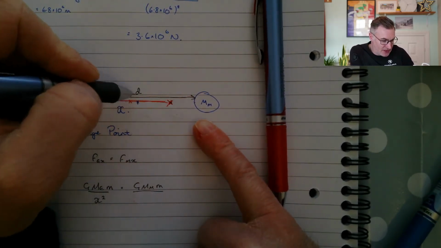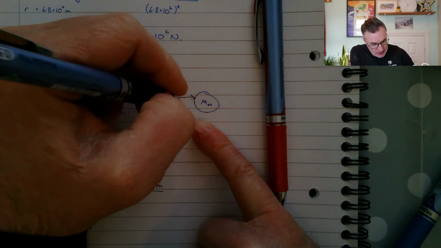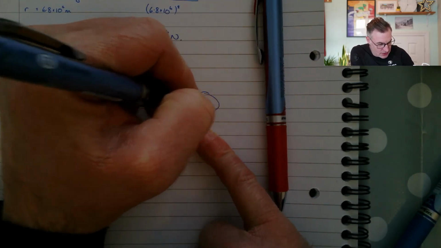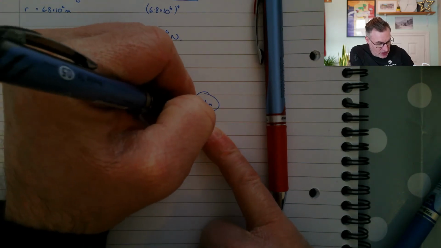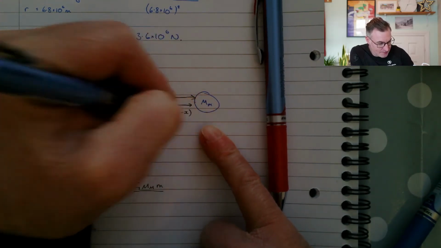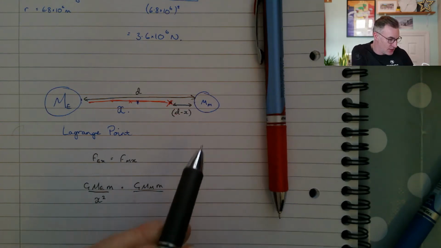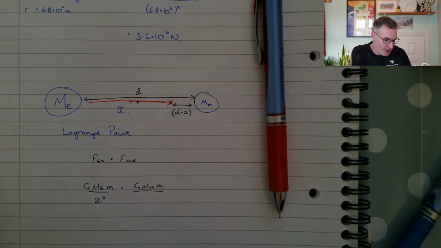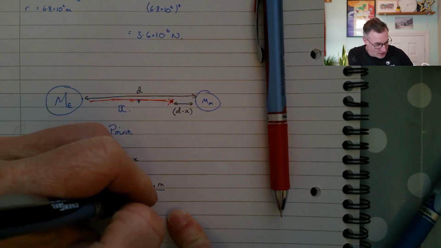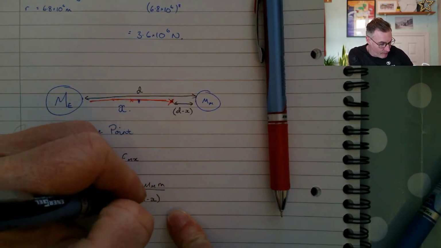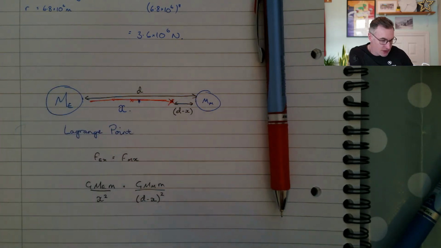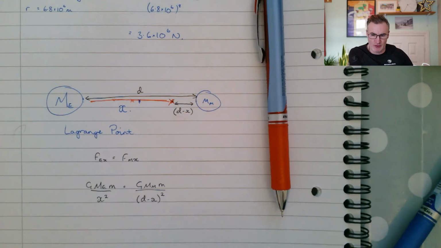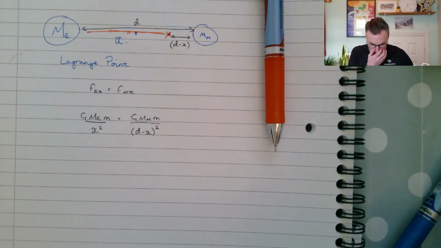If this is d, then this distance here is going to be d minus x. You just take x away from whatever d is, and you can put that into there, d minus x squared. Okay, and that's going to be our basic formula.